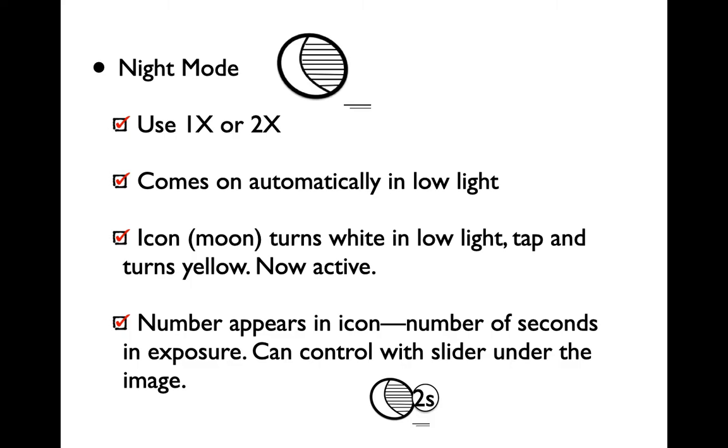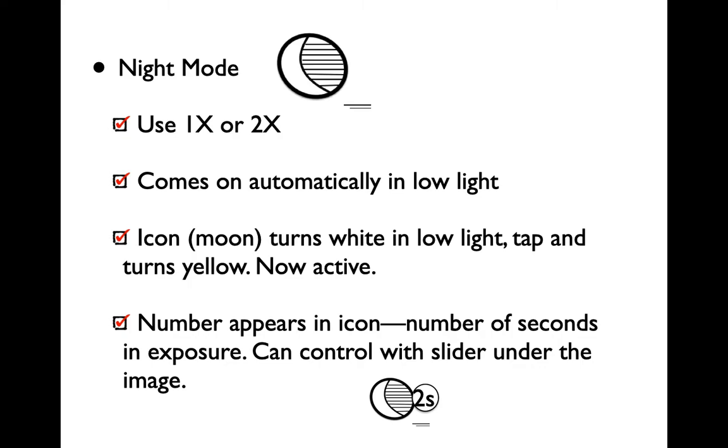A number appears near the icon, and that's the number of seconds in the exposure. Now, because it's low light, it takes longer. The lens has to stay open longer than in the regular light.